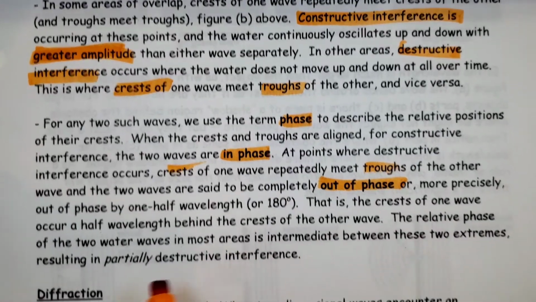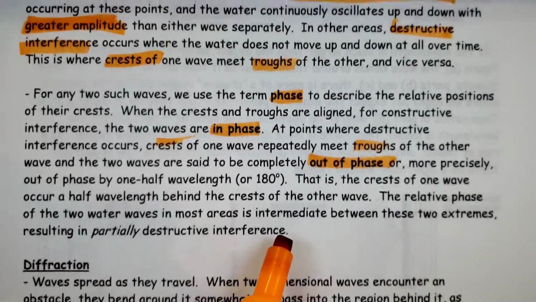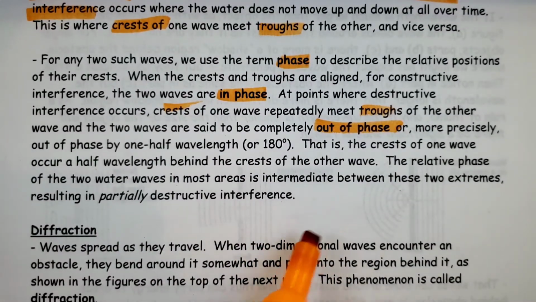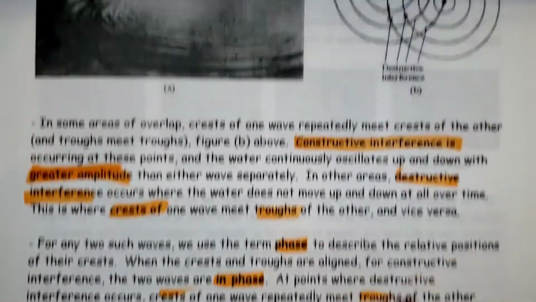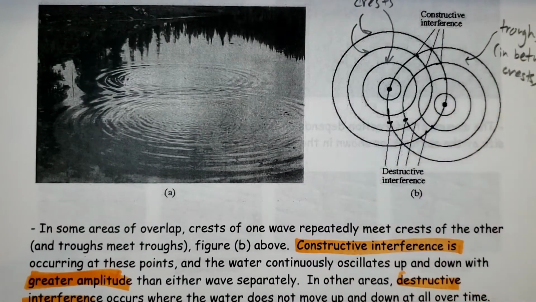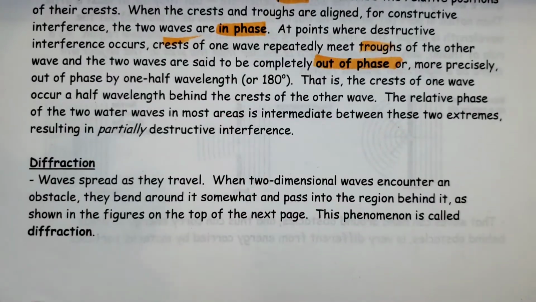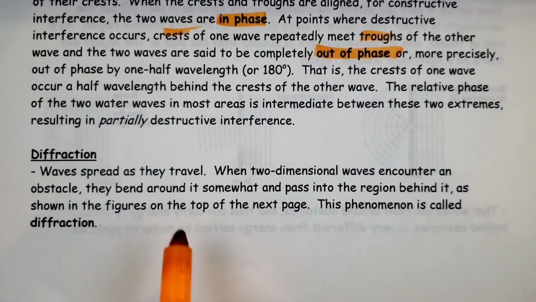That is, if the crests of one wave occur 1/2 wavelength behind the crest of another wave. The relative phases of the two water waves in most areas is intermediate between these two extremes, resulting in partial destructive interference. So we're looking at the two different areas where constructive and destructive happen, and in between there, of course, we could have a little bit of destructive or a little bit of constructive.